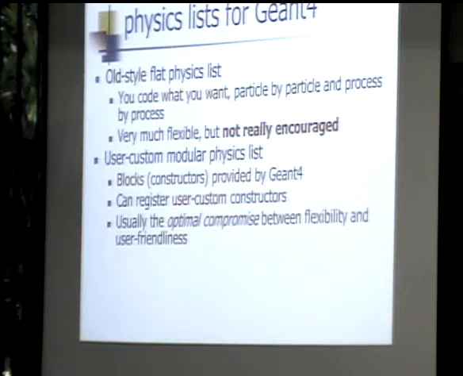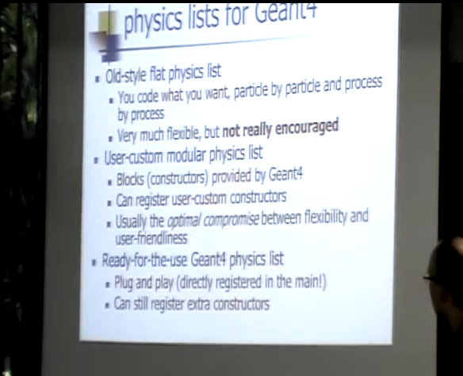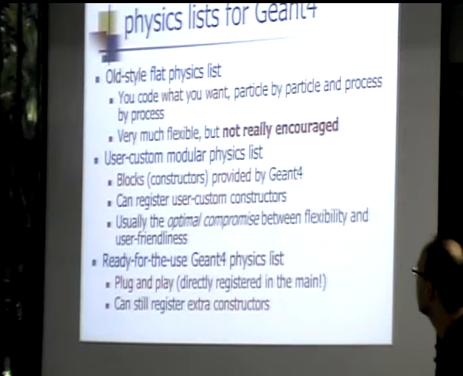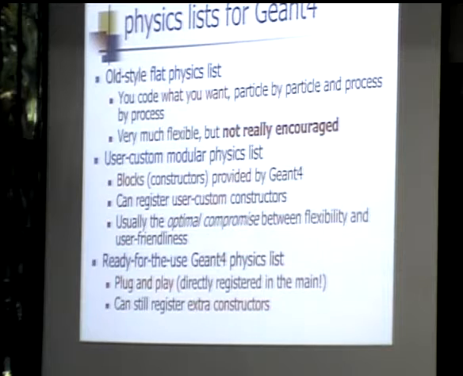You don't go particle by particle, but block by block. And you can use either the blocks provided by Geant4, or your own blocks, if it's the case. The third option, which is the easiest, is really plug and play, so use the lists that are provided by Geant4, and there are a few of them.